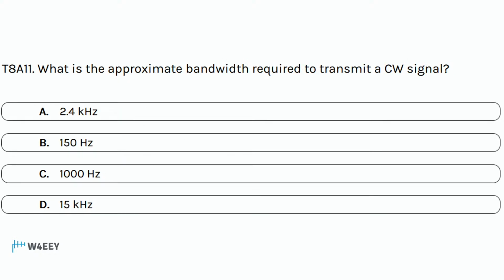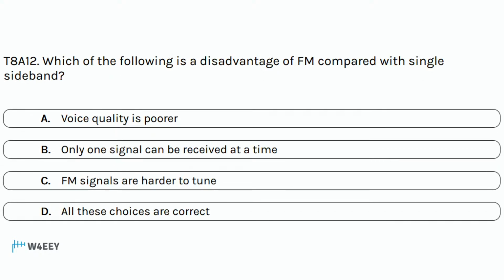So what is the approximate bandwidth required to transmit a CW signal? Bravo. CW is an abbreviation for Morse code, and we know that the bandwidth for those is about 150 hertz. Which of the following is a disadvantage of FM compared with single sideband?